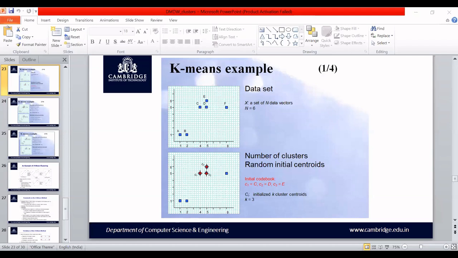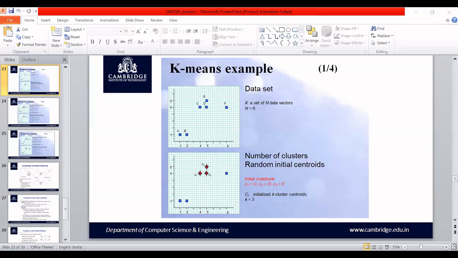So after finding the Euclidean distance, I have added data point 2 to cluster 1. Once you have added it, you have to recompute the centroid value. In this table, I have data points 1 and 2, so I add them: 2.5 divided by 2 and 3 divided by 2.